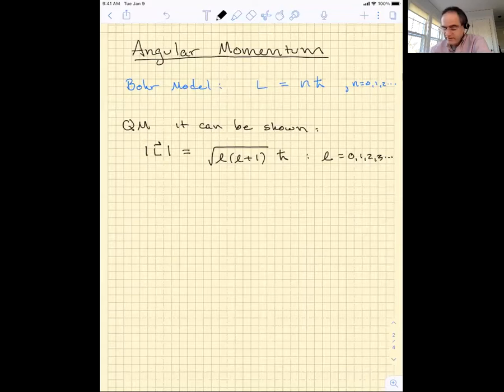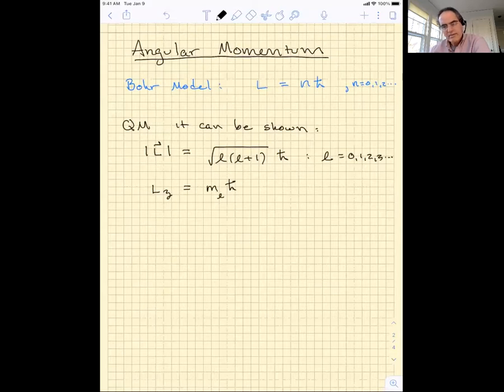You can see this looks a little different than what we had in the Bohr model. On the other hand, there's another condition. The component of the angular momentum along one direction, here the z direction, is also quantized. So that L_z is equal to m sub L times h bar, where m is the second angular quantum number.